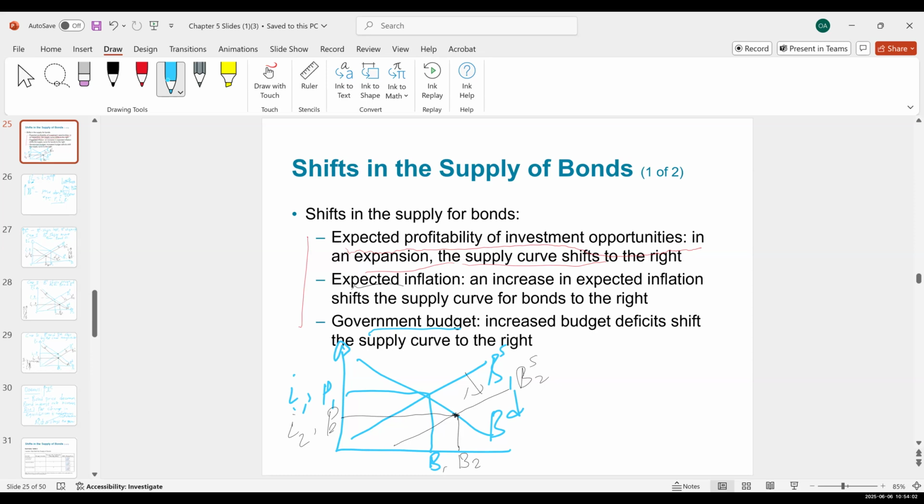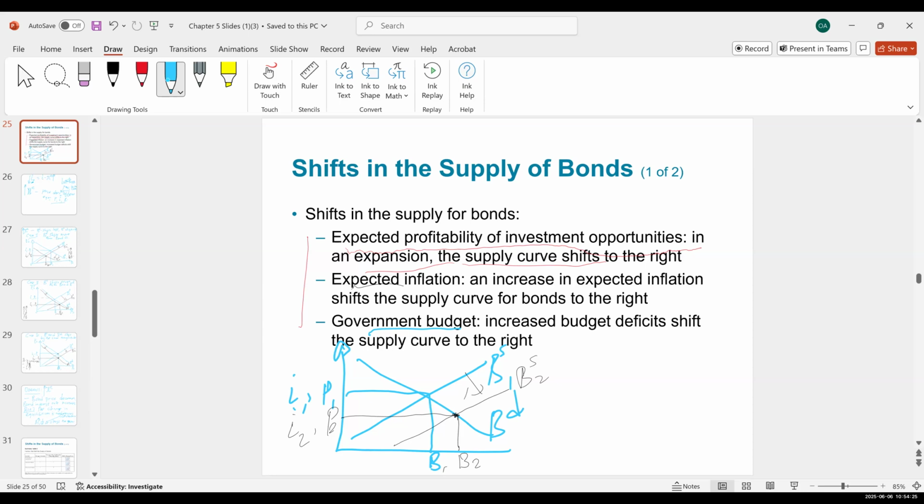When government spending is more than the tax revenues collected, the government is going to finance its deficit by issuing treasury bonds. So when the government is financing a large budgetary deficit, it will be issuing a lot of treasury bonds. That's going to lead to an increase in the supply of bonds in the bond market.